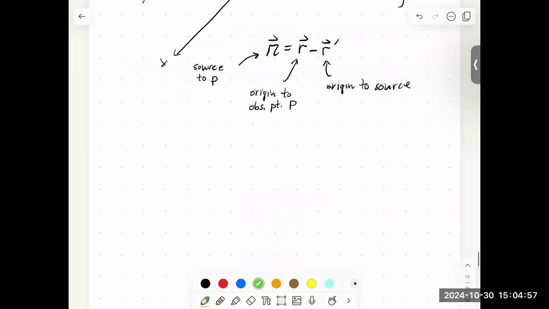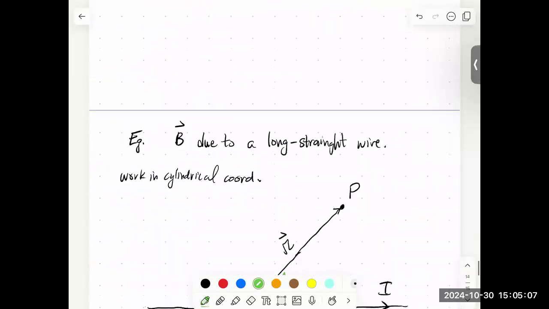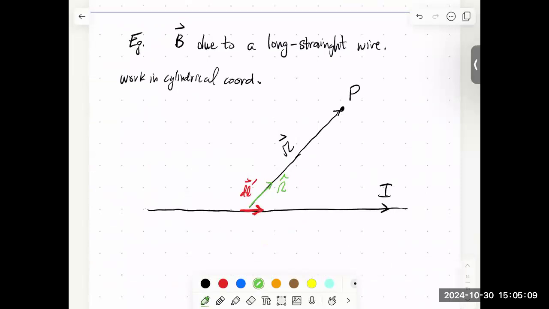So one of the things that we need to do is the cross product of the current and the script R hat. Well, the current in this case is off to the right. Script R hat is kind of pointed up at that angle. My thumb points out of the screen.